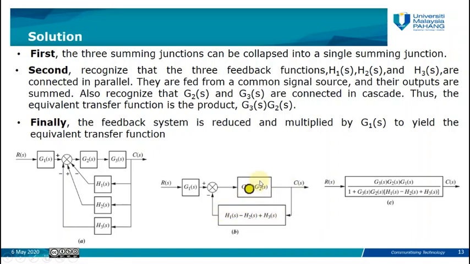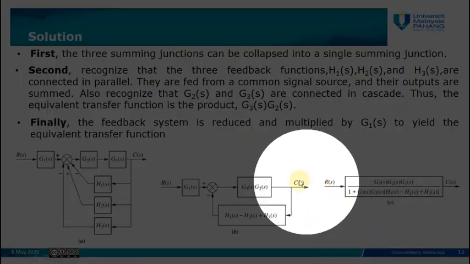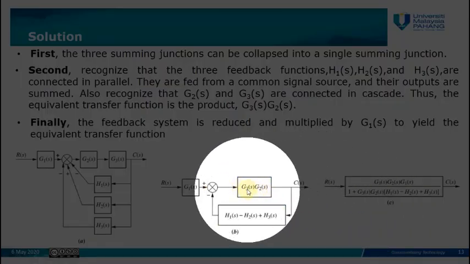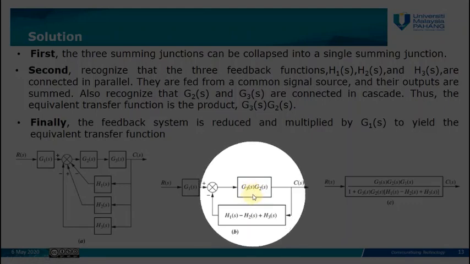Now the next, or final, step will be to find the feedback of this system. These two blocks represent a feedback form of block diagram. Since they are feedback, we need to apply the general formula for the feedback system.